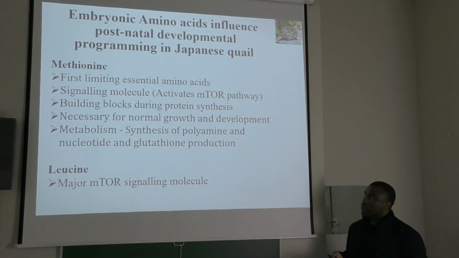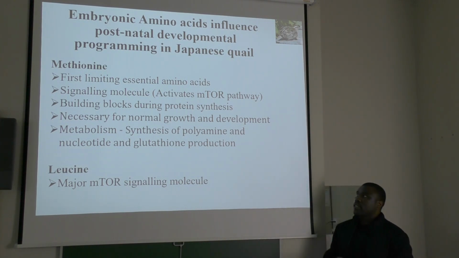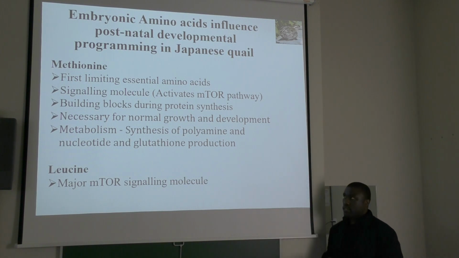Our aim here was to understand the mechanisms that influence the growth and the performance of the organism. What are the physiological mechanisms? Here, we found that nutrients activate the mTOR, especially amino acids that are responsible for activating the mTOR pathway. We selected methionine because it's the first limiting amino acid.